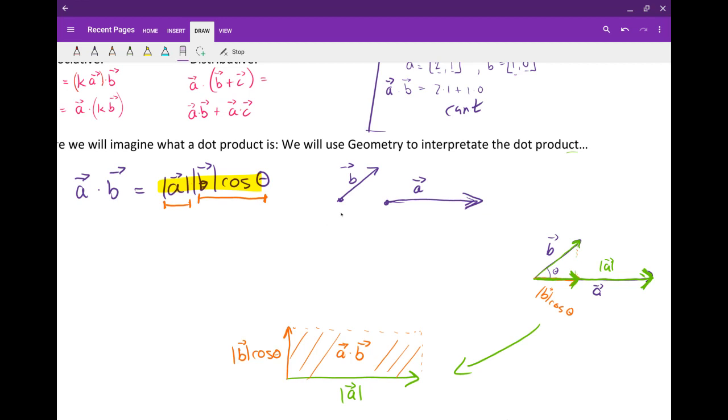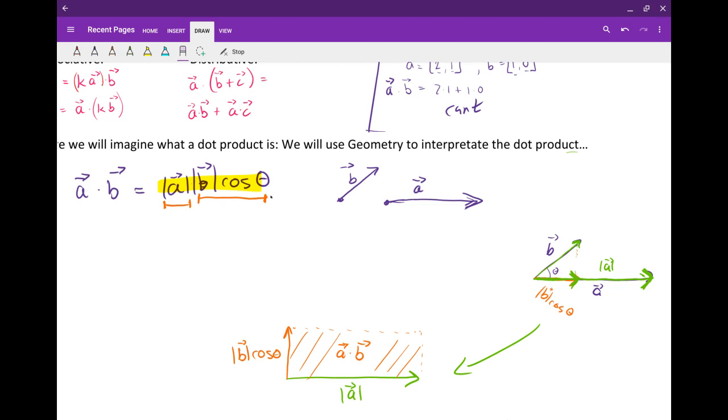Okay. So I'm going to start out with two vectors, B and A, and I'm going to put them like this. My goal here, remember, is to imagine conceptually and geometrically what the dot product is.